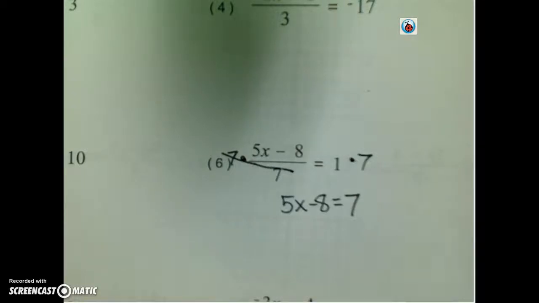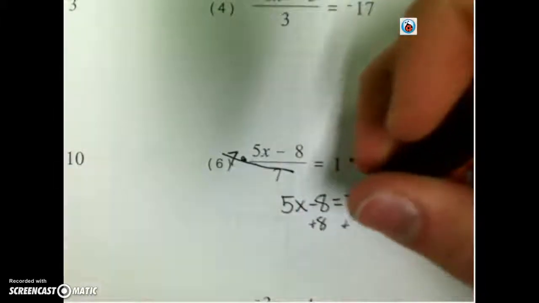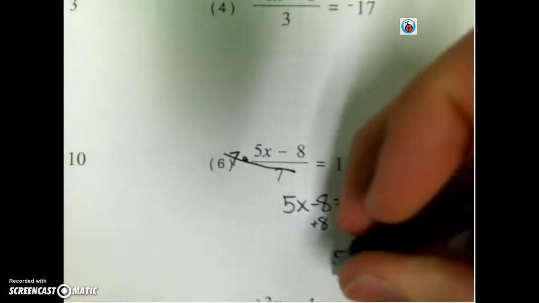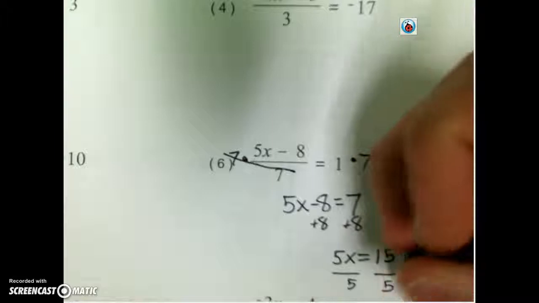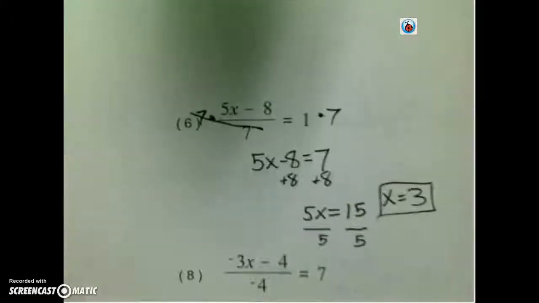Once we have it here, we can solve our two-step equation by taking care of our addition and subtraction first, and then taking care of our division. And there we go. We can go through and see the steps to reach our proper answer right there.